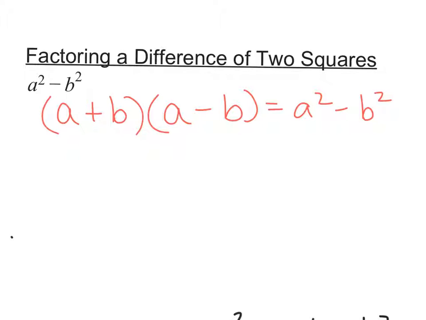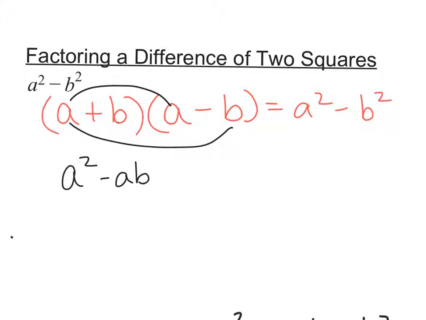So, if I were to multiply this back out, I want to show you. A times A is A squared, right? A times negative B is minus AB, right? Positive B times positive A is plus AB, right? B times negative B is negative B squared, right?